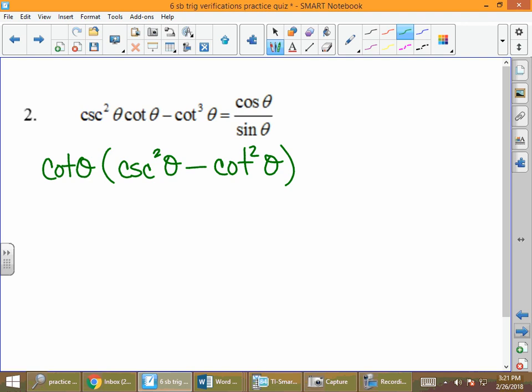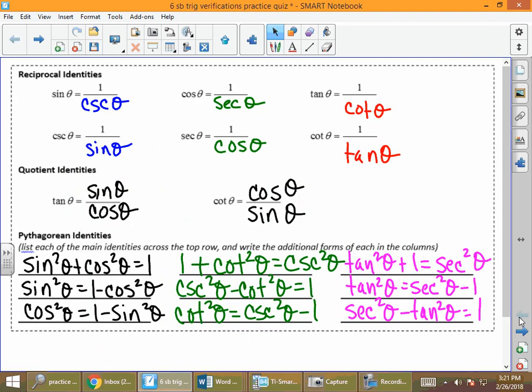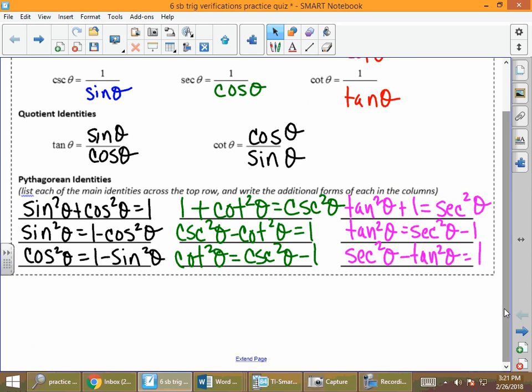I wonder if we look above here, if that's going to be helpful for us or not. Do we have anything that says cosecant squared minus cotangent squared? And it's actually written in green here on the paper. It's from the middle of the 3 Pythagorean identities, right there in the very middle. Cosecant squared theta minus cotangent squared theta equals 1.